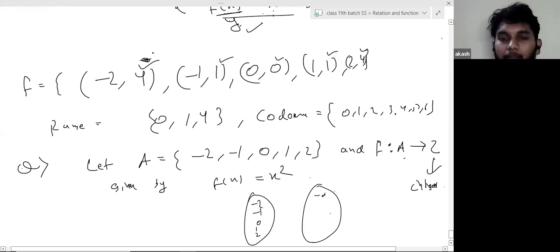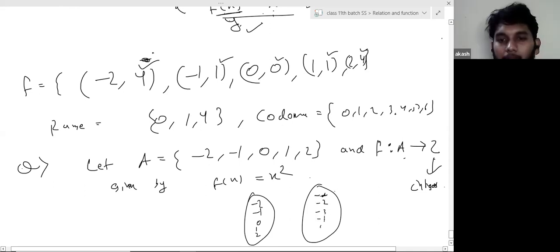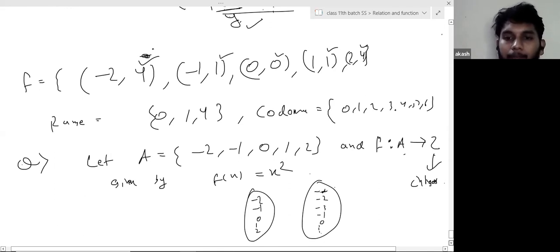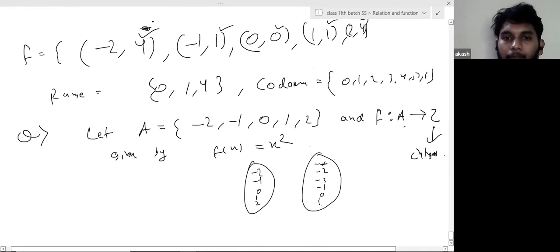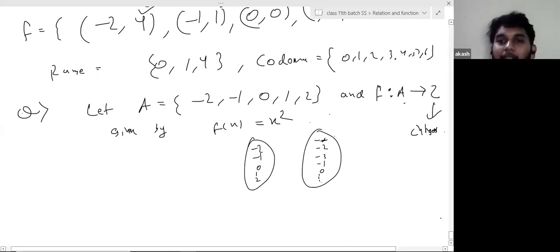Minus infinity to infinity. You take minus infinity, ..., -3, -2, -1, 0, 1, 2, 3, till infinity. So all integers. Don't write minus infinity here ever. That is very wrong.